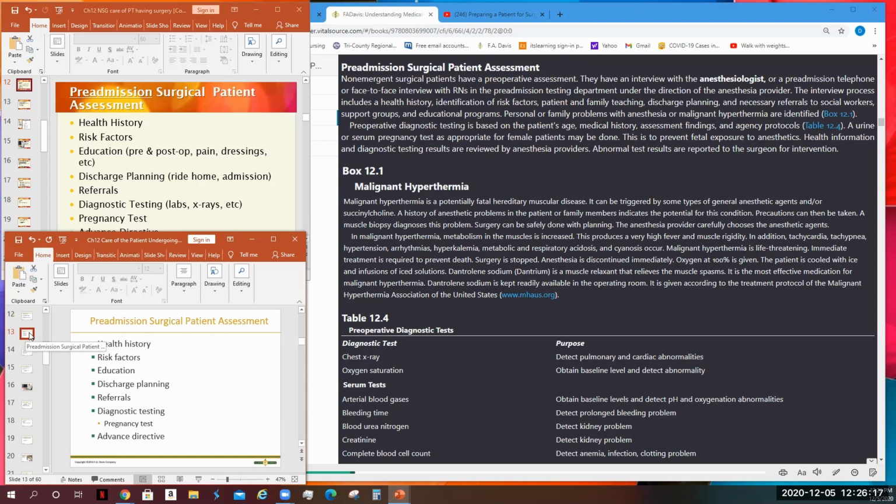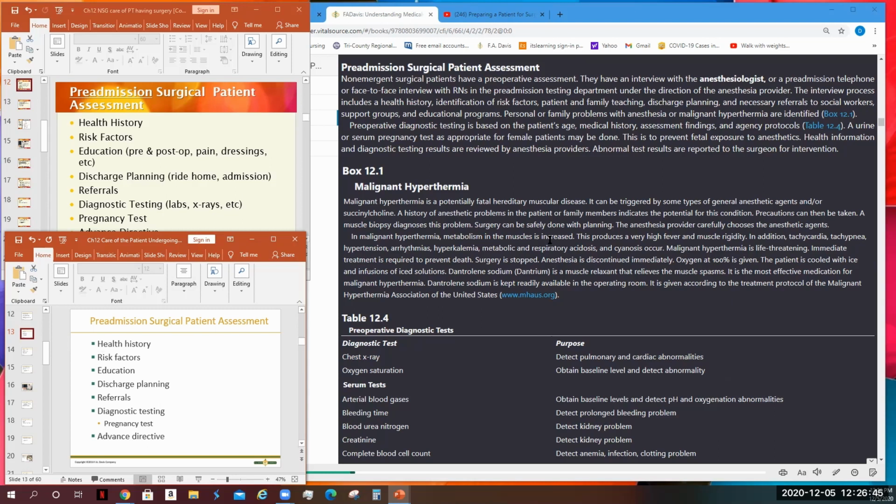A urine or serum pregnancy test as appropriate for female patients may be done. This is to prevent fetal exposure to anesthetics. Health information and diagnostic testing results are reviewed by anesthesia providers. Abnormal test results are reported to the surgeon for intervention.